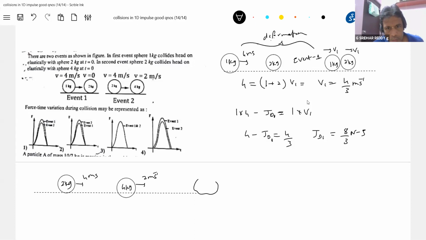They'll undergo deformation. Show some deformation. Again, you'll get confused, sir. What happened to that energy? Show some deformation. So this is 2 kg, this is 4 kg. They will have a common velocity. Let me call it V2. Let me take any one. Again, this is a deformation.